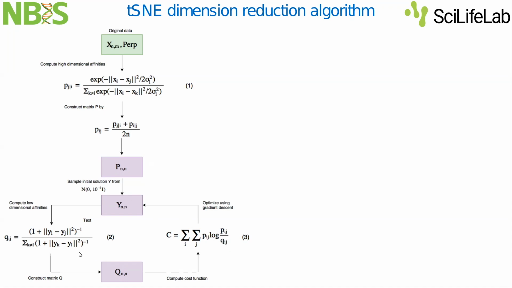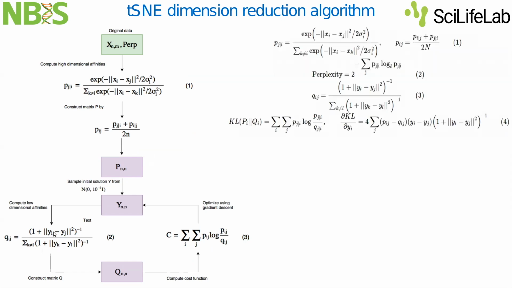When you minimize this Kullback-Leibler divergence, you get as a result the coordinates y for your data points in a low-dimensional space, in this 2D space. By optimization of the Kullback-Leibler divergence, you get the coordinates of data points, y. So this is the parameter that you actually optimize.